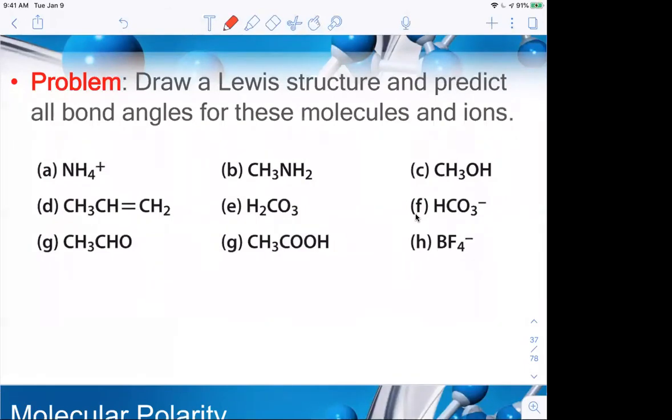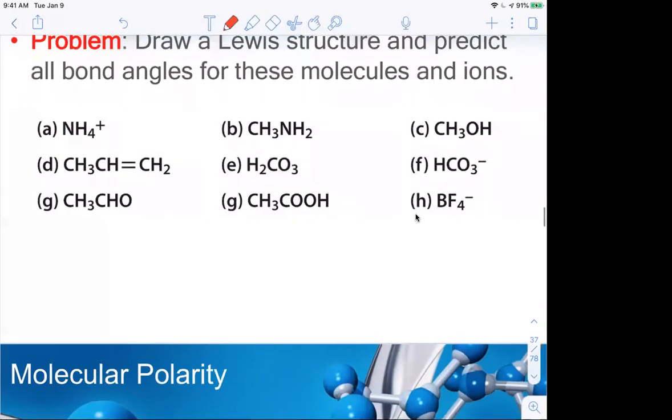Here's a good exercise for looking at various ways that you can draw the Lewis structure, figure out what the geometry is, and then look at the bond angles. So if you're going to look at something like this, let's look at this guy first, right?